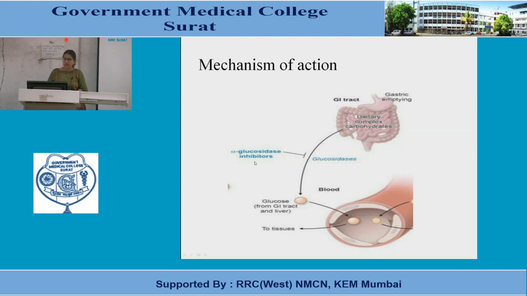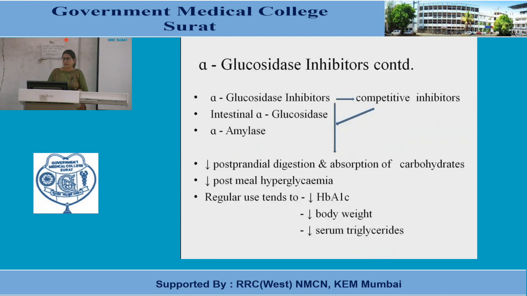And we are using an alpha glucosidase inhibitor. So these complex carbohydrates will not be converted into monosaccharides, and thereby will not be absorbed. So the glucose level in the blood will not rise. What type of drugs are these alpha glucosidase inhibitors? They are competitive inhibitors. To which receptor or enzyme?